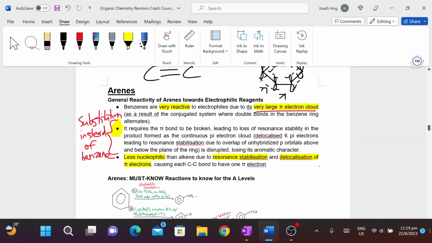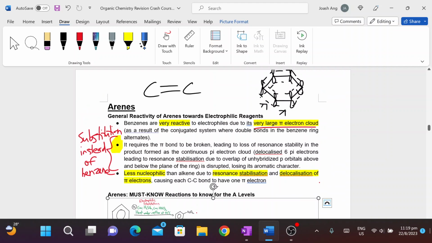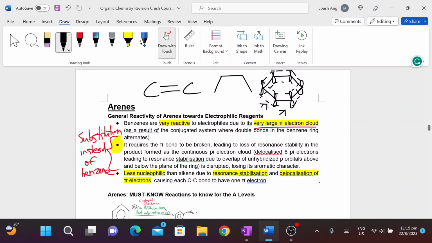Now one more reason is that you can see that for benzene there are generally three CC double bonds, which means that there are in total 6 pi electrons.